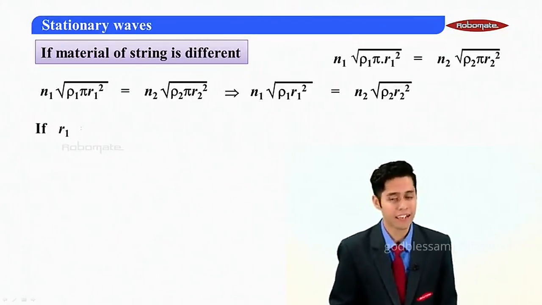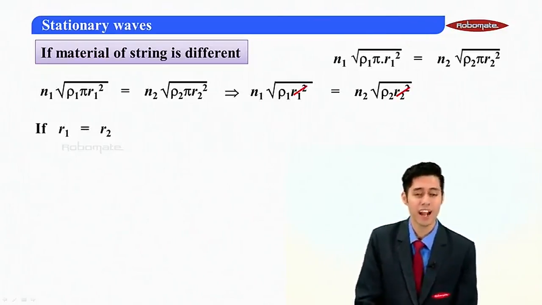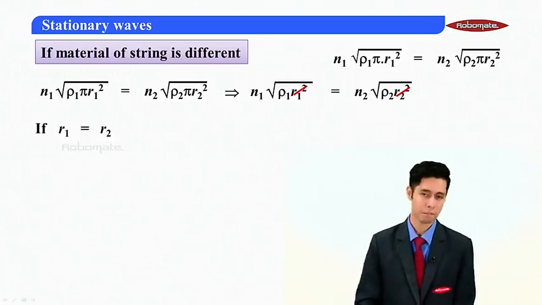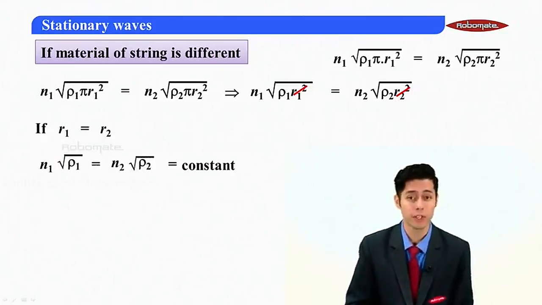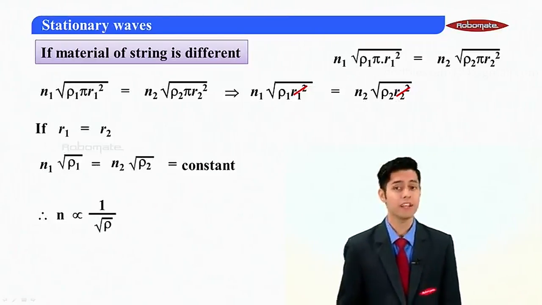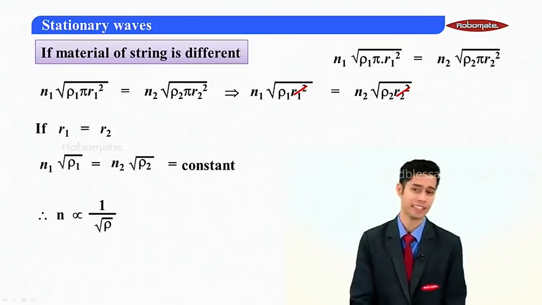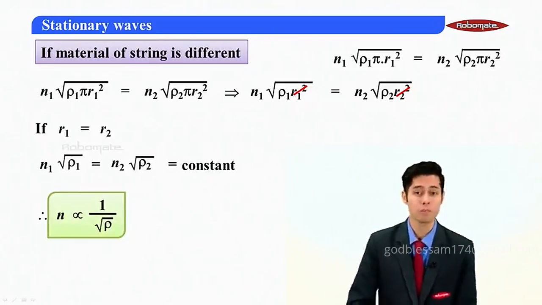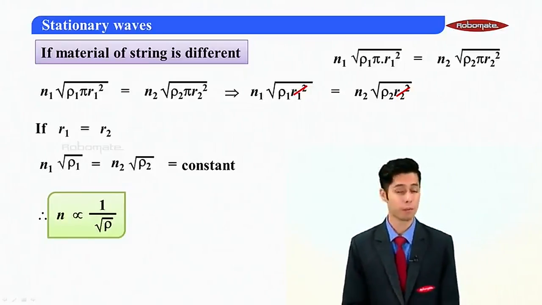But if I take a condition that both the radii are same, then r1 and r2 both will get cancelled. So this will come out to be n1 under root of rho 1, which is equal to n2 under root of rho 2, which is constant. So can I say frequency is inversely proportional to square root of density. And this is also one of the most important mathematical relations that we need to remember while solving problems.